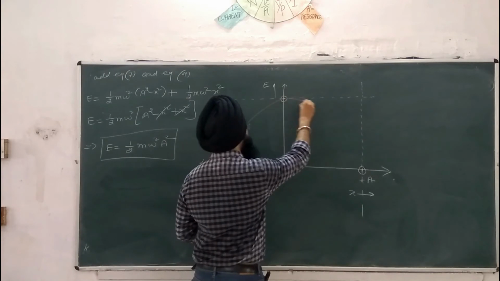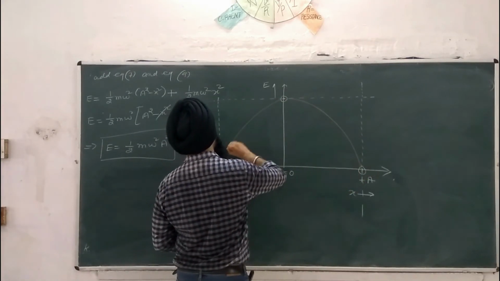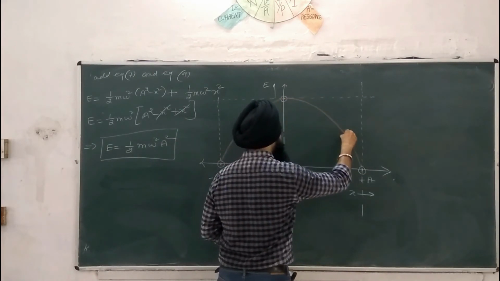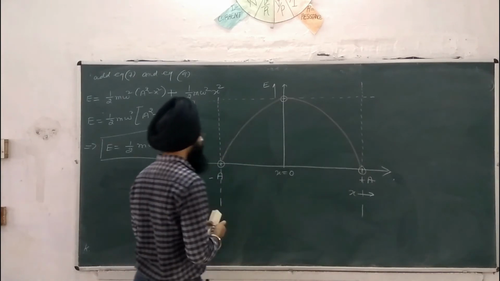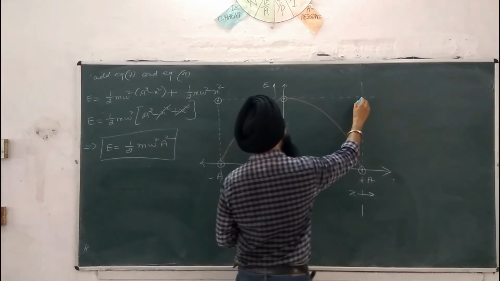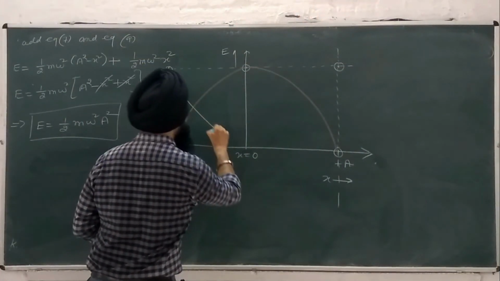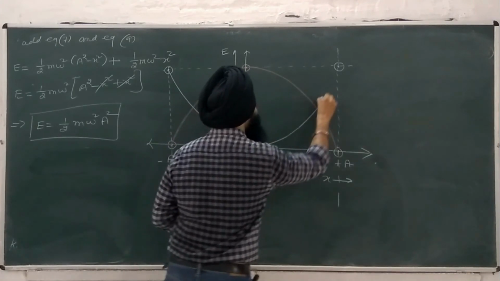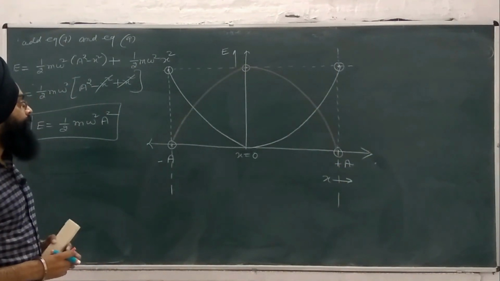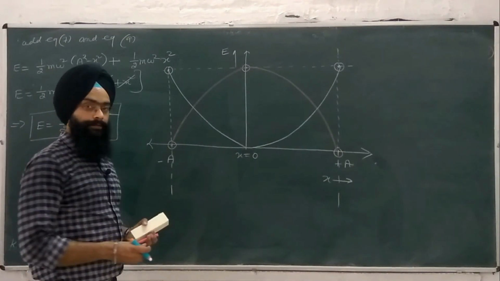So here we have the kinetic energy curve. Similarly, the potential energy curve is maximum at the extreme positions and 0 at the mean position. That is also a parabolic graph. This is the graph of energy versus displacement.